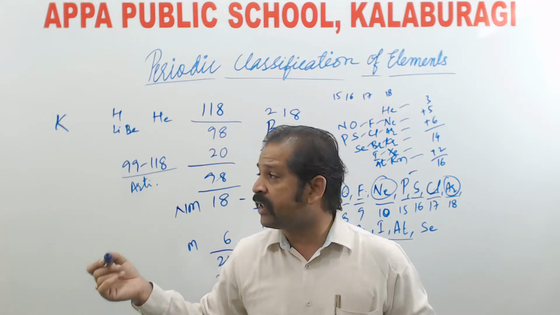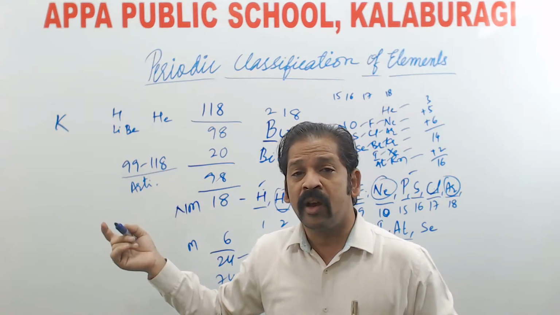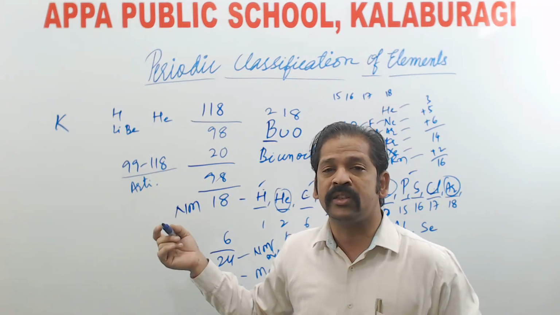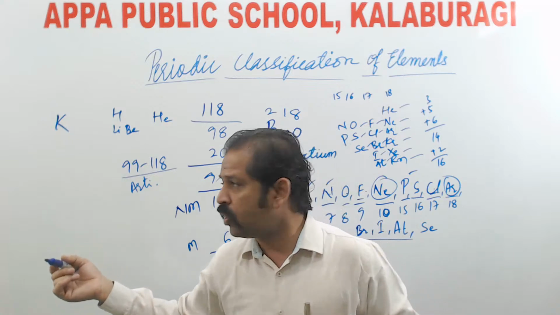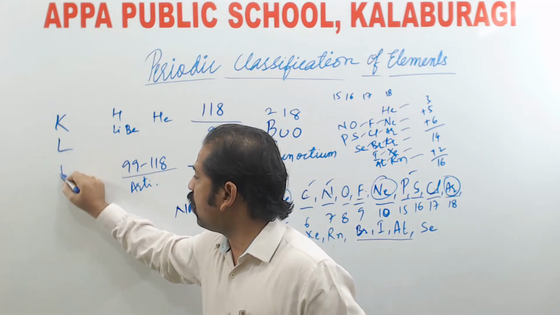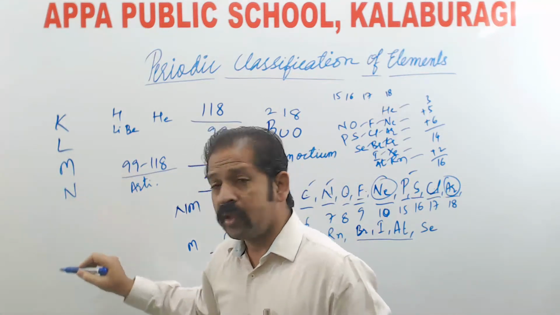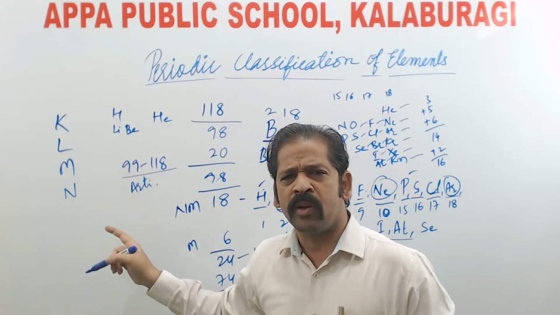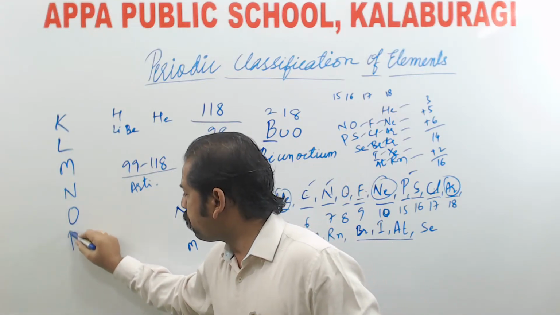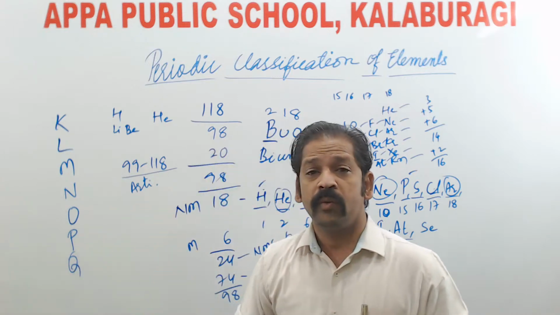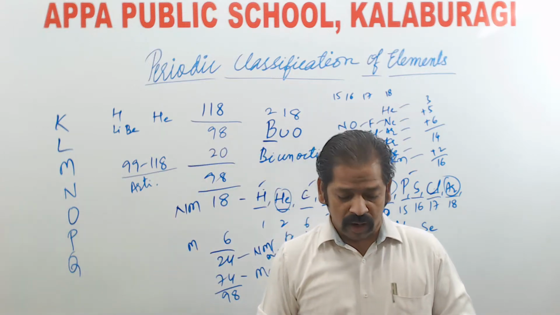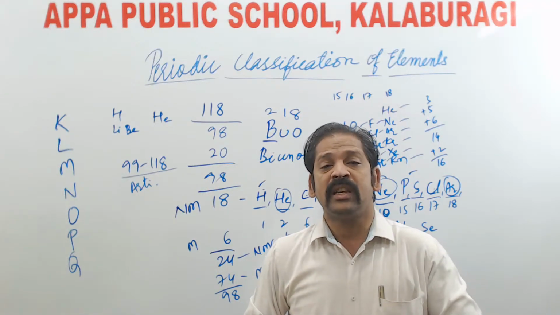He proposed that electrons are arranged in different shells and subshells. K, L, M, N. We have seen only these 4. Next, O, P, Q. Currently we are having 7 shells.